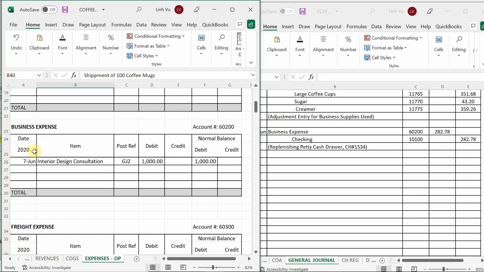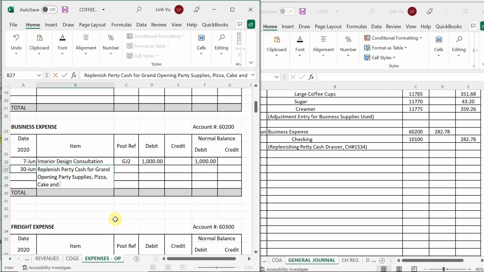Okay, so here we are under business expense. You're going to say right here, replenish petty cash for grand opening party supplies, and you could say pizza, cake, and decorations.